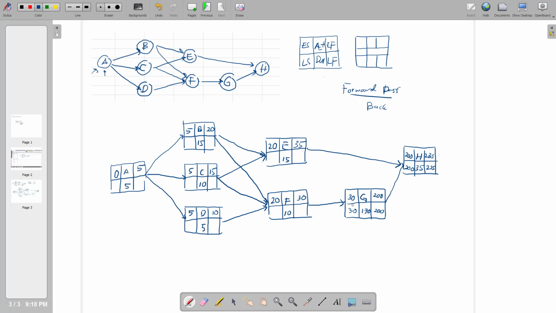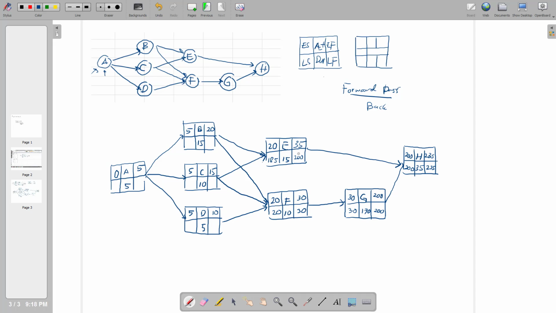Now from G, we will go backward to F. So this one will be 30 as well. 30 minus 10 will be equal to 20. What about E? The late finish of E comes from the late start of H. So this one will be 200. 200 minus 15 will be 185.